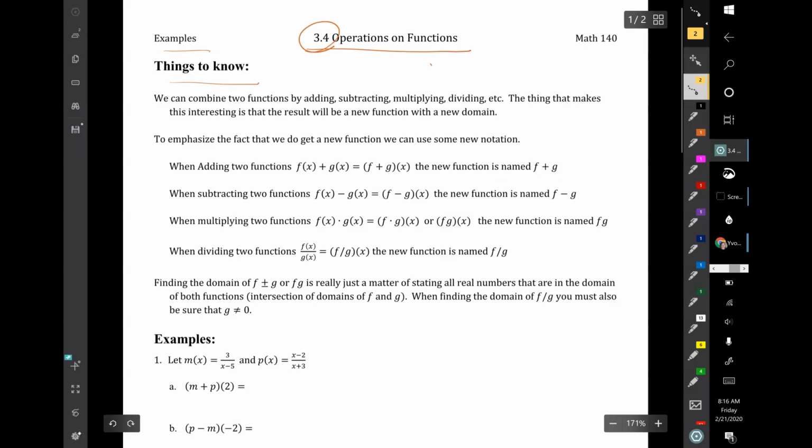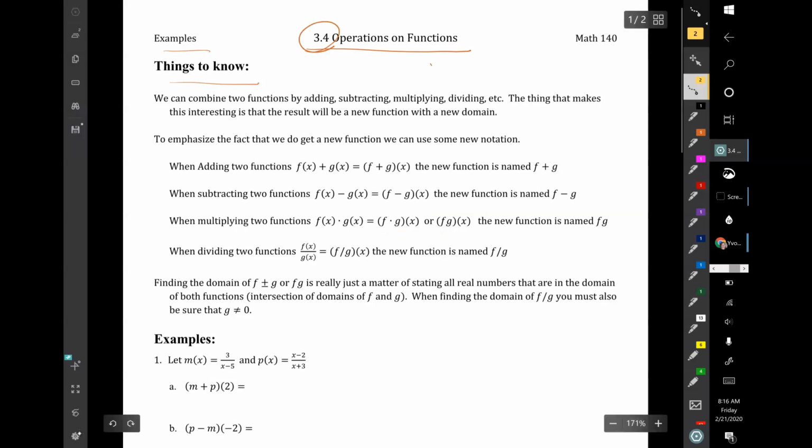Same goes for subtracting. We would have f of x minus g of x equals f minus g of x, and it's named f minus g. If we're multiplying two functions, same thing. F of x times g of x, sometimes the dot's there, sometimes not, is f times g of x, or fg times x. Some publishers use this a lot. Most of them use the little dot.